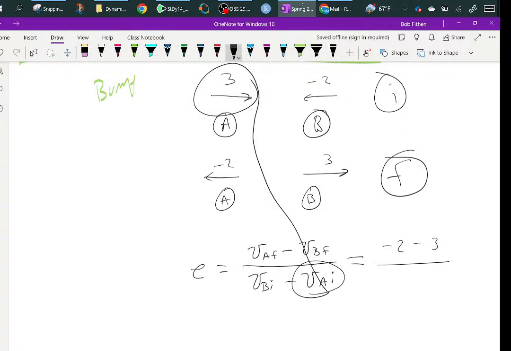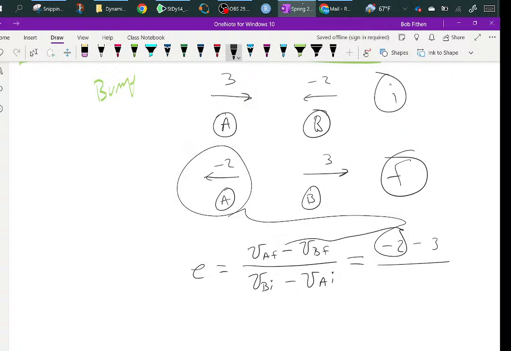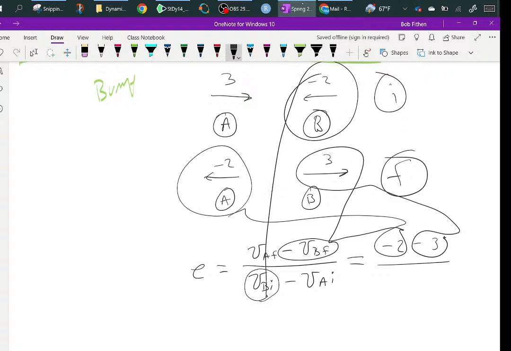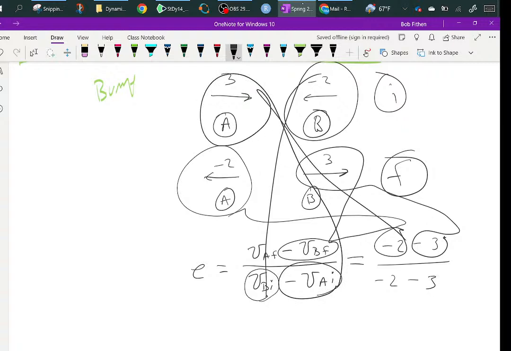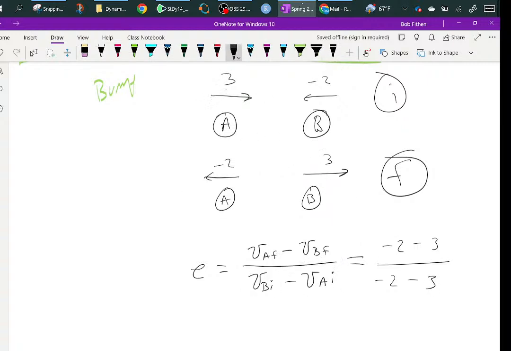Okay, look, the final: VA final, VB final, and VB initial minus VA initial. Let me get all this math. What you get is a 1. It turns out if you have e equal to 1, you have no loss of energy.